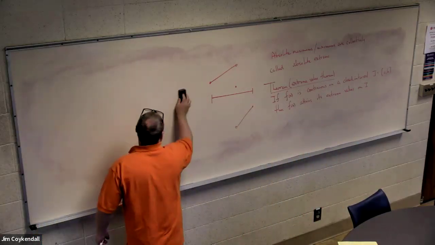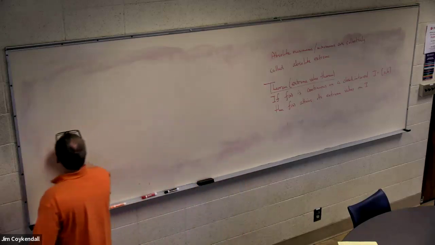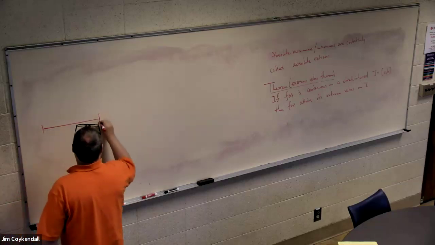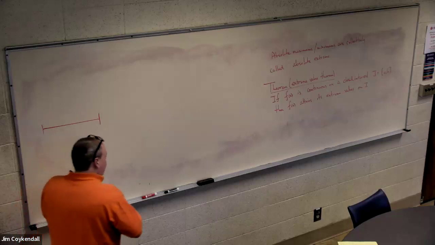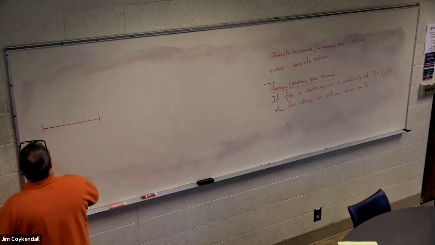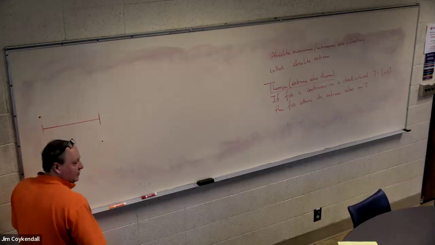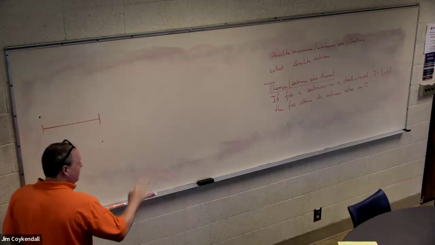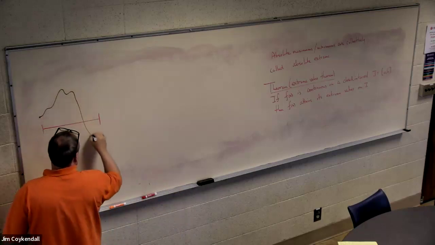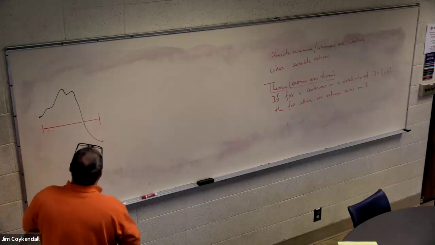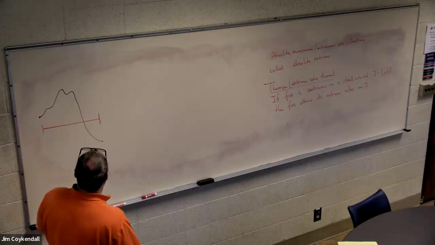So let me draw you a couple of pictures just to try to illustrate this. So it has to be a closed interval, and I have to be able to draw this without picking up my marker. Notice that this attains extreme values.